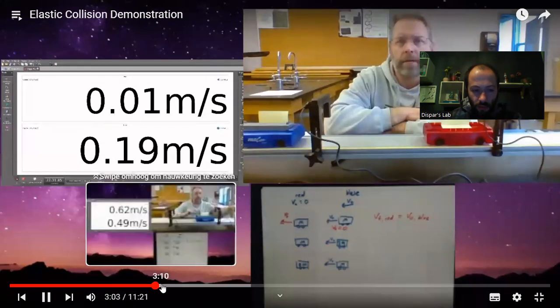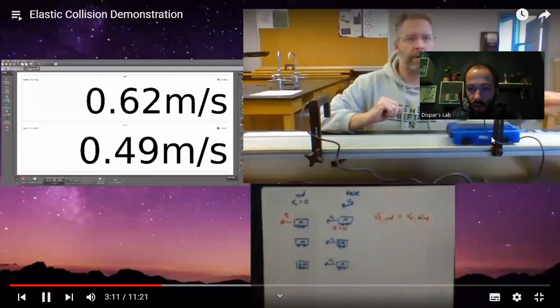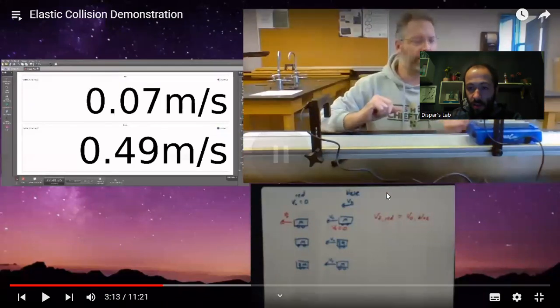You can see the blue cart took a couple of seconds to go through the second photogate. It needed to travel a long distance, and its velocity slowed and slowed, thereby losing a lot of momentum. So the velocity of the blue cart entering the second photogate will be quite an inaccurate result.